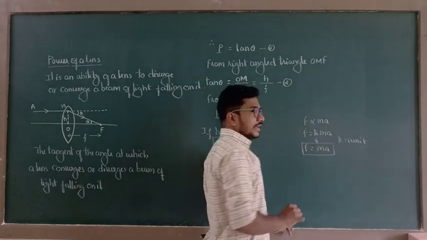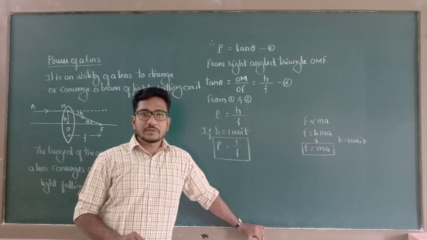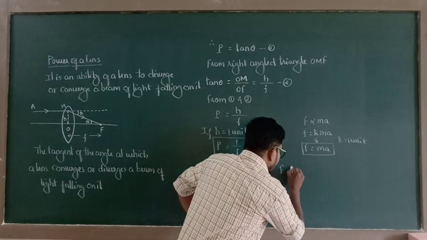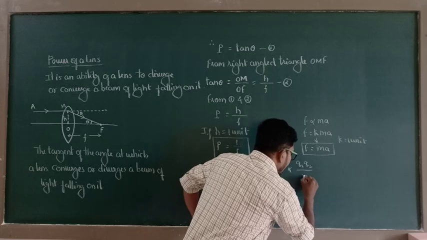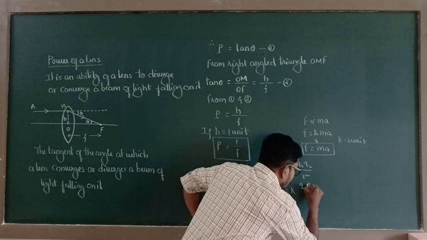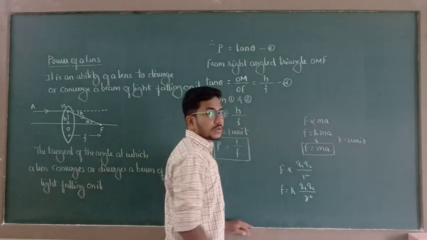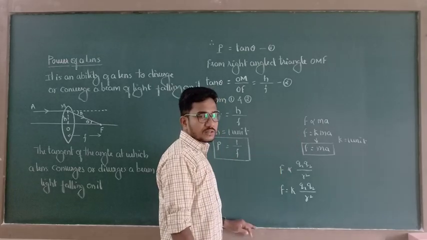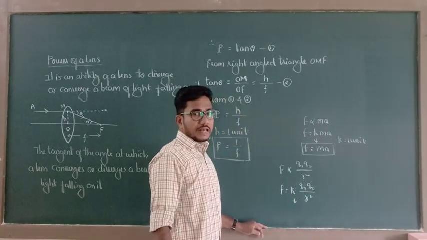But we do not write k is equal to 1 unit in electrostatic force, that means the force between two charged particles. F is directly proportional to Q1 Q2 divided by R square, so F is equal to K into Q1 Q2 divided by R square. Here we will not write K is equal to 1, because we have already used force in Newton's laws of motion. Therefore, it has some value, that is 1 divided by 4 pi epsilon naught.